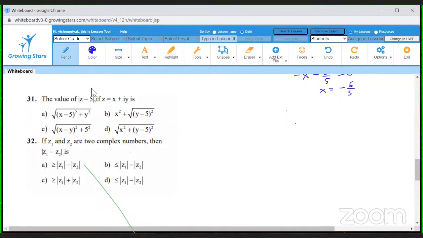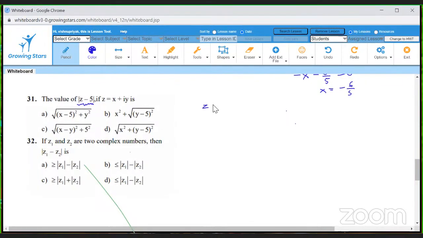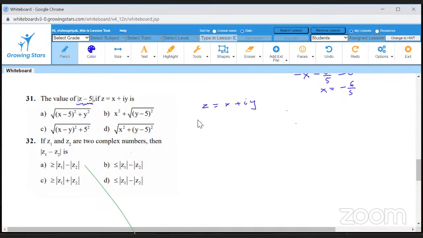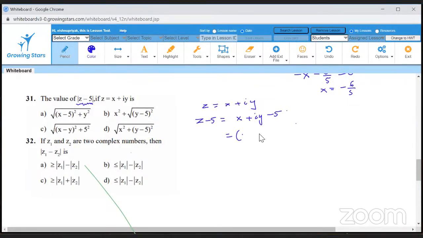Those who know, you can try it faster than me. Those who don't know, they can wait for me. You have to find mod of z minus 5. z is given to you, x plus iy. z minus 5 means x plus iy minus 5. The real part is x minus 5.